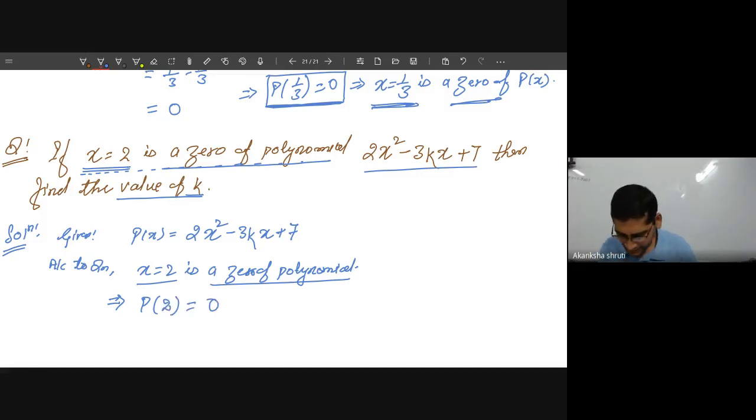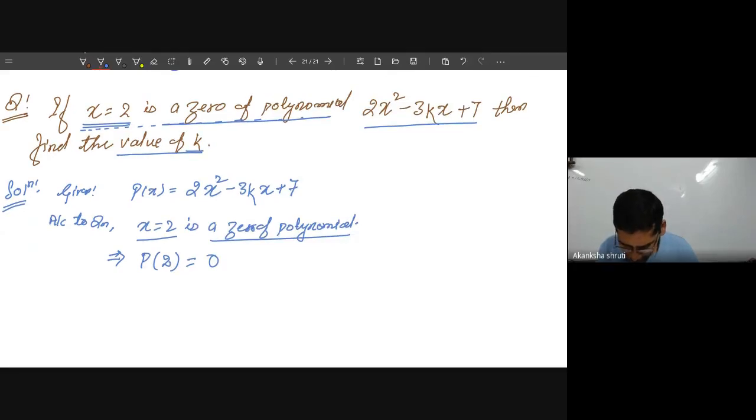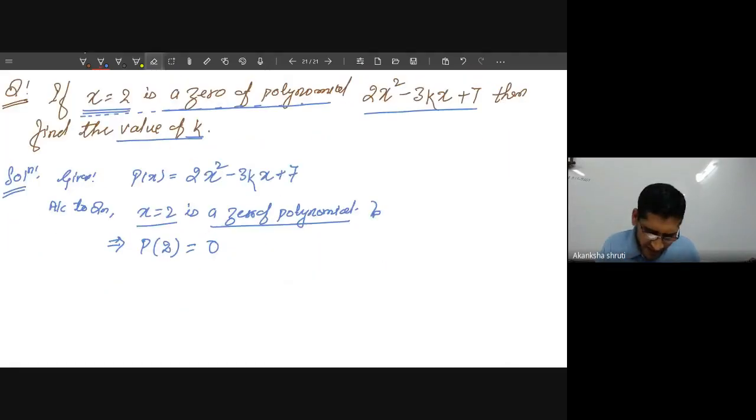It simply means that. Now how to calculate this p of 2? This is the mathematical statement that we have obtained by applying the definition of zeros. So this was given.